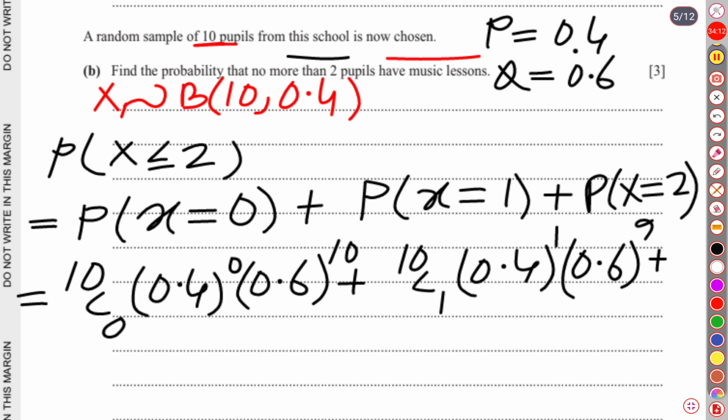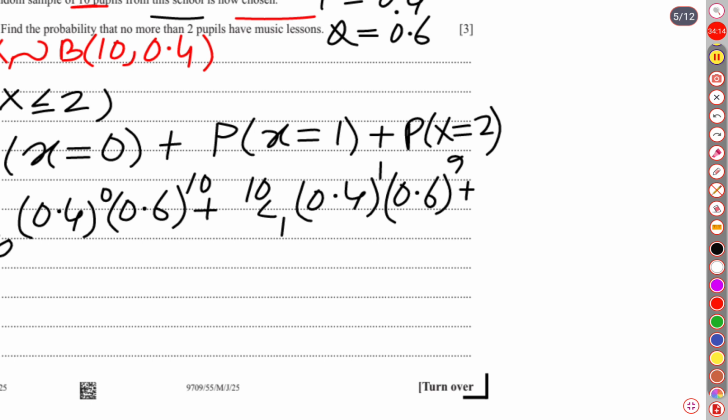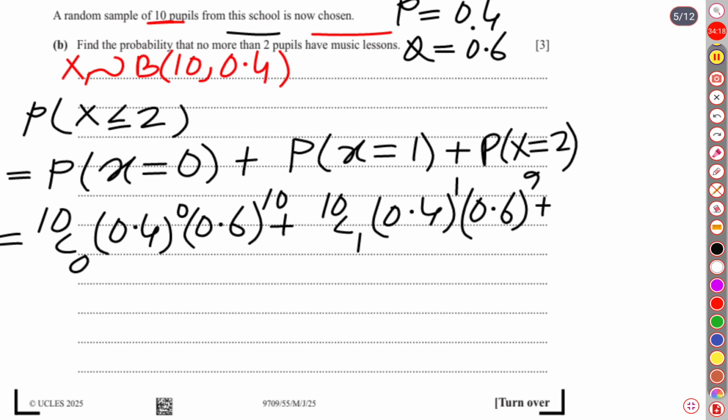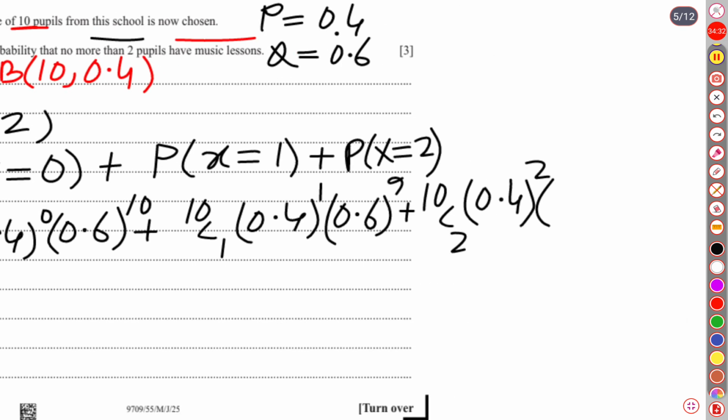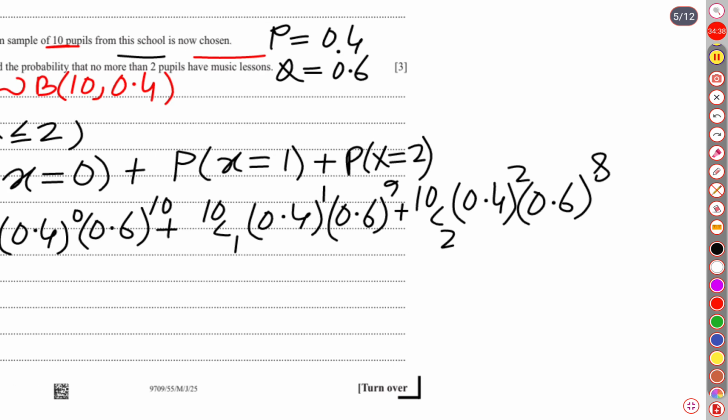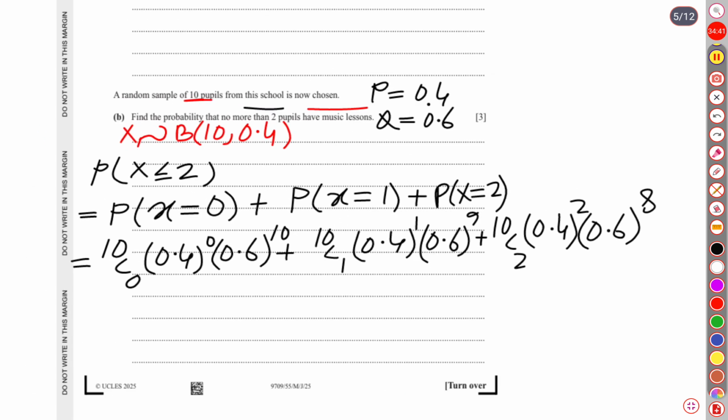Or there may be two students out of 10: 10 choose 2, 0.4 raised to 2, and the rest 8 students didn't choose music class, 0.6 to the power 8.